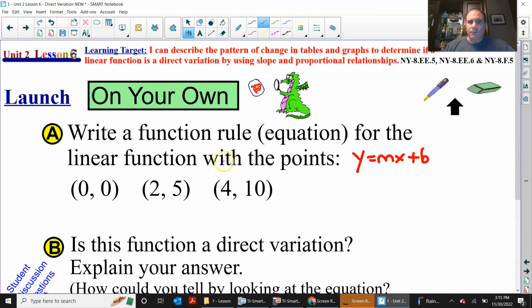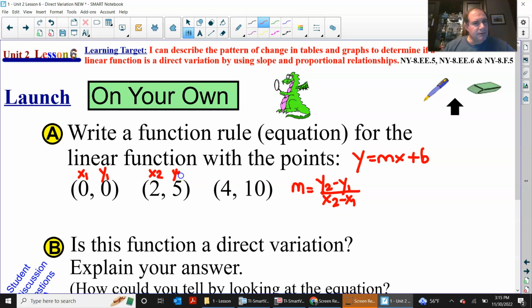So we're taking a look at this. If I want to get my m, my slope, I'm going to use m equals y2 minus y1 over x2 minus x1. I'm going to label x1 and y1. And remember, you only need 2 points.